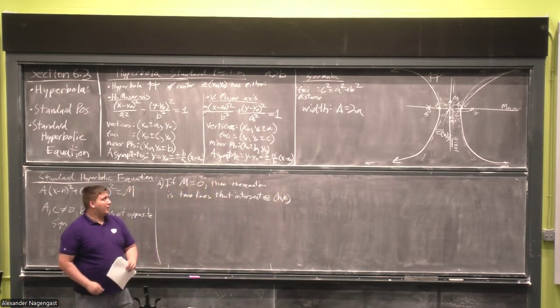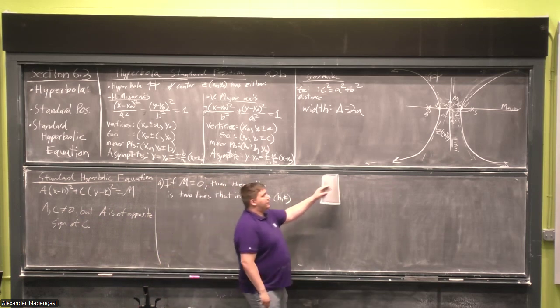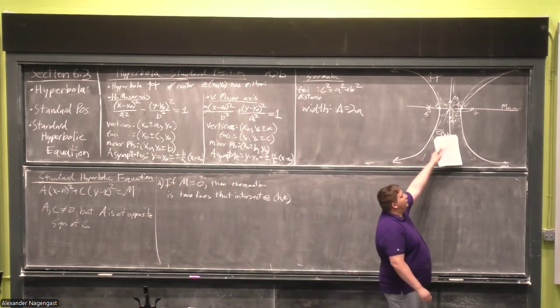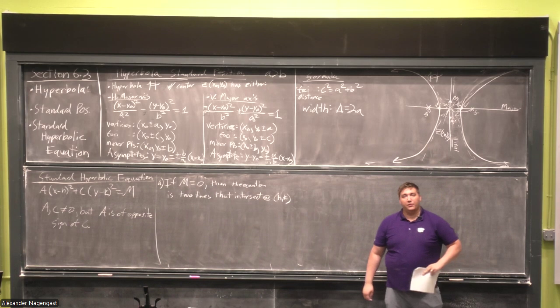What are those two lines? Those two lines are basically the asymptotes from before.